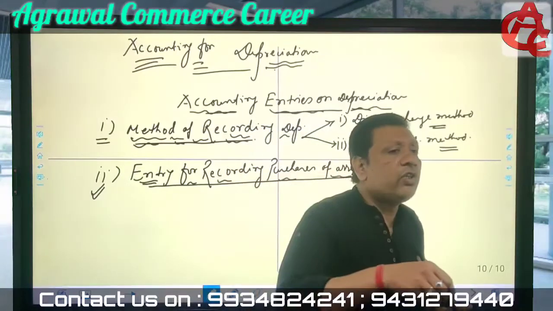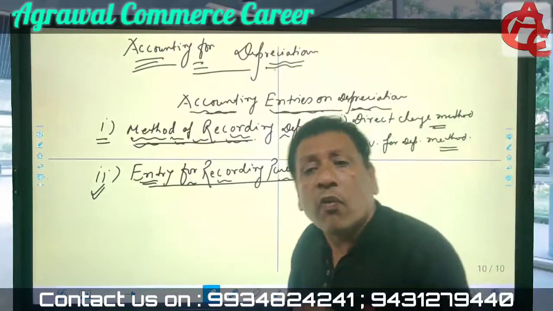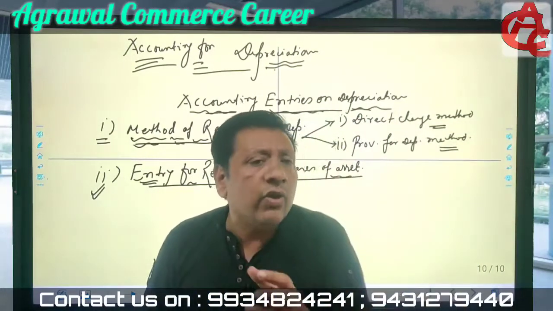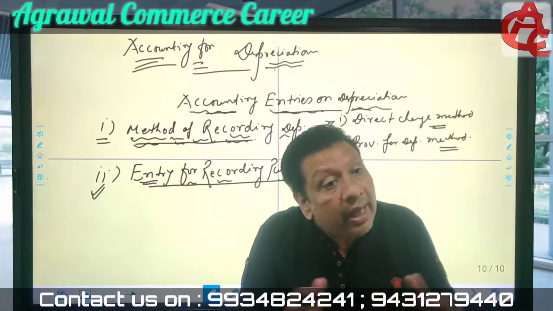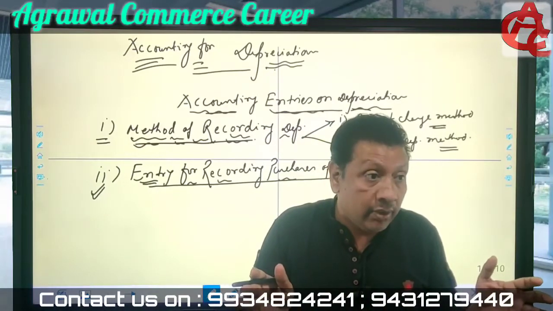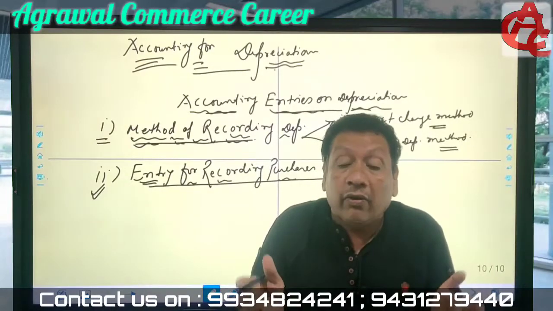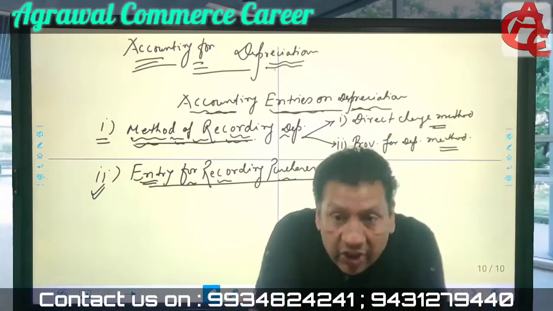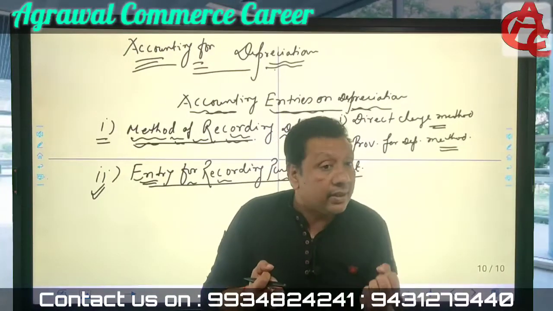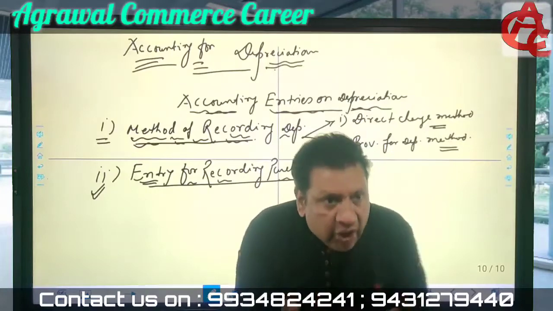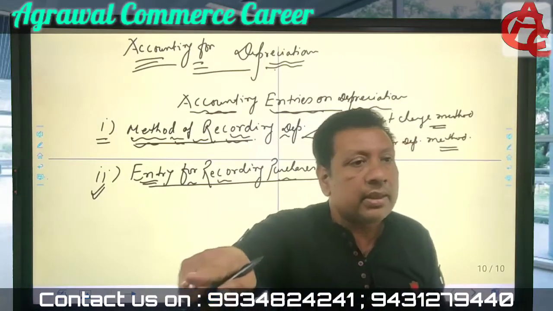If you have paid any installation charges, registration charges, import duty, import tax, or any tax which is not subsequently recoverable, it must be added to the asset account. Any amount spent on acquisition of any asset is debited to the asset account because it is capital expenditure.